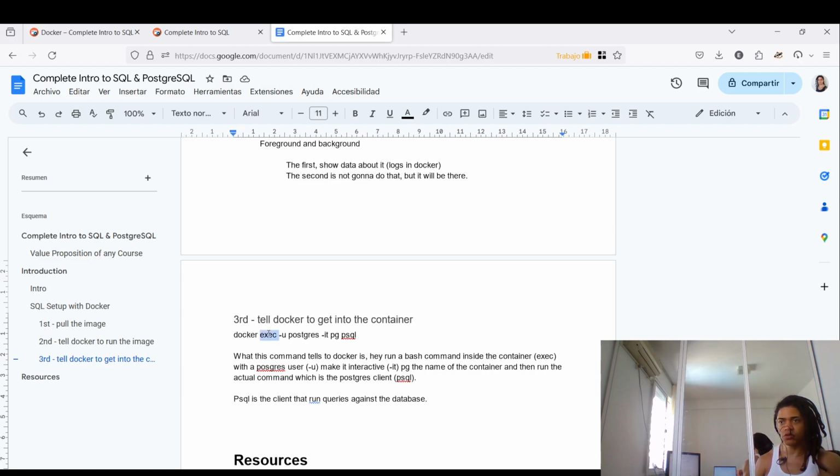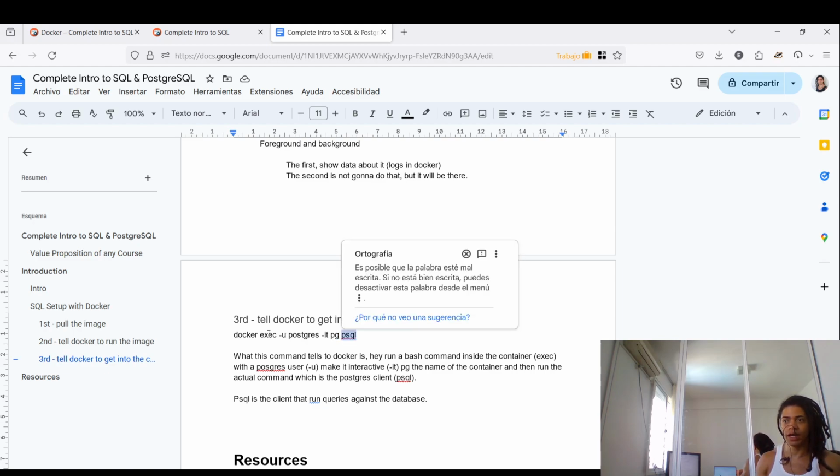Hey Docker, I want you to run this bash command inside of this container, with the username postgres, make it interactive for the container PG, and this is the command that I want you to actually run.